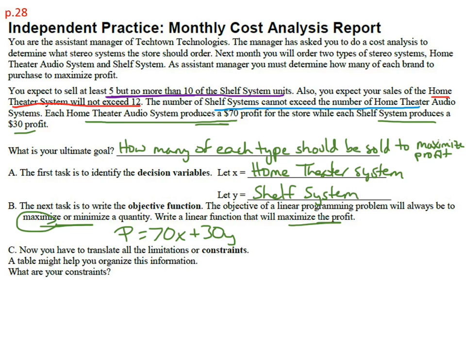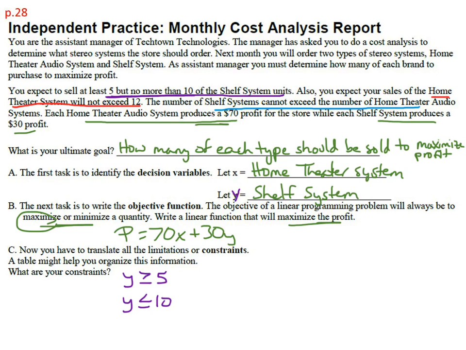Remember, the shelf systems was our variable Y. So Y is going to be greater than or equal to 5, but then it also needs to be less than or equal to 10. Okay, so there are the limitations of our shelf system.